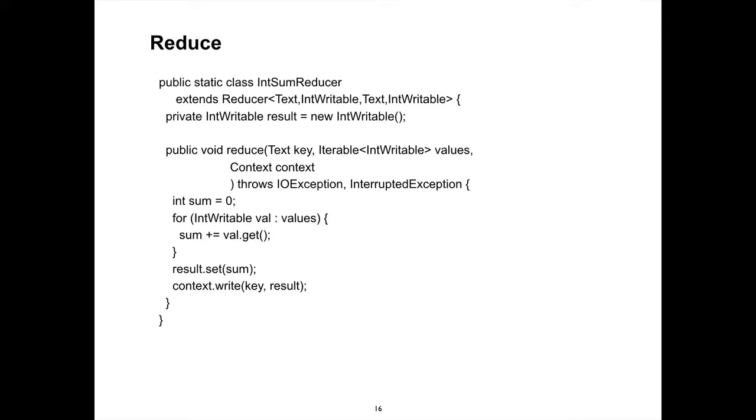And then what's going to happen is a reduce function is going to be called, we're going to get one key, and then we're going to get all the values that have the same key.